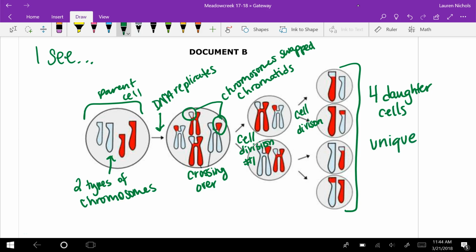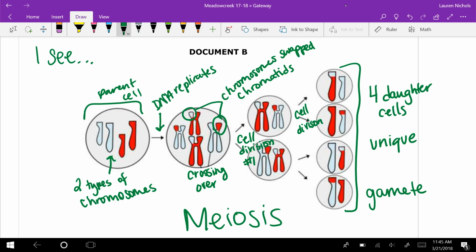So all of this is evidence for the fact that document B is talking about meiosis or meiosis, depending on how you pronounce it, okay? And so that these 4 unique daughter cells are gamete cells or sex cells, okay? So either egg or sperm, okay?